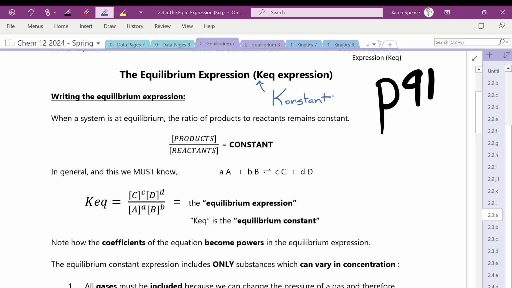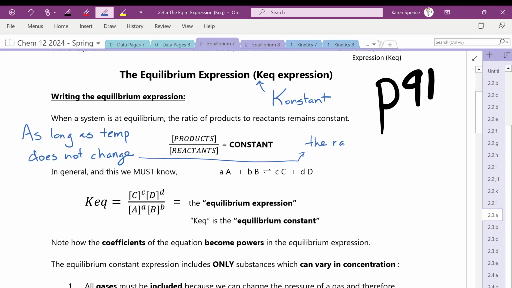So as long as the temperature does not change, the ratio of products to reactants at equilibrium will not change.